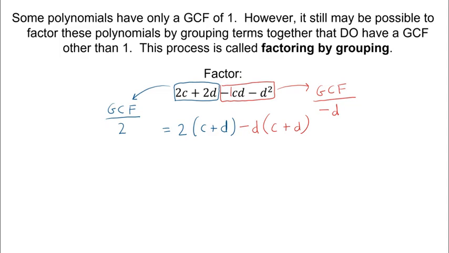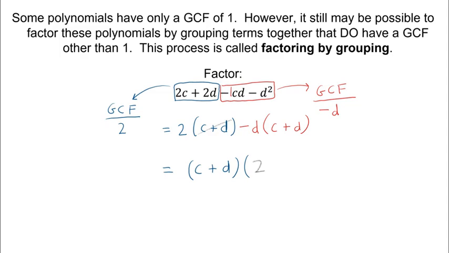Each one of those terms contains the binomial GCF of c plus d. So now we're going to continue factoring by factoring out that binomial GCF of c plus d from each one of our remaining terms. If we divide the 2 times c plus d by the GCF of c plus d, what's remaining?